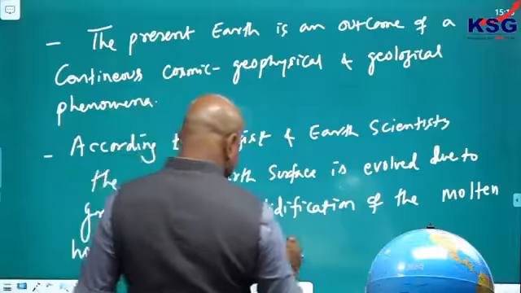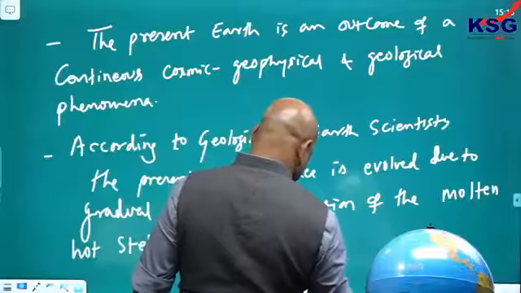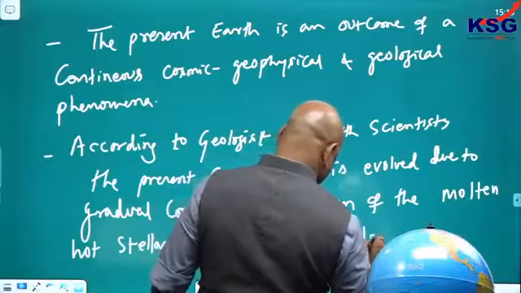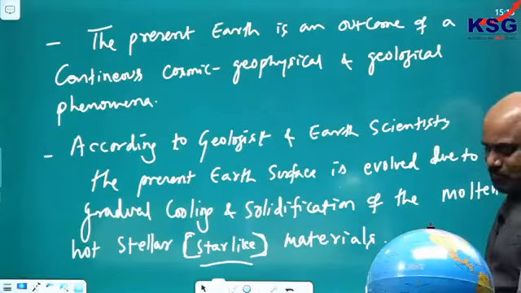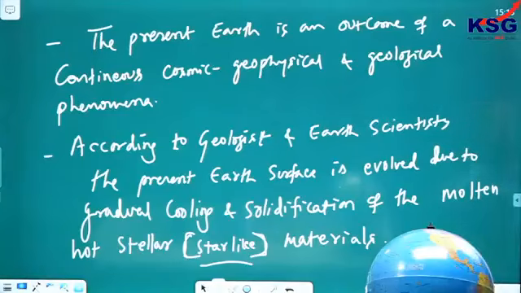Stellar means star-like. Can you write this much first? I said, according to geologist and earth scientist, the present Earth surface is evolved due to gradual cooling and solidification of the molten hot stellar materials.